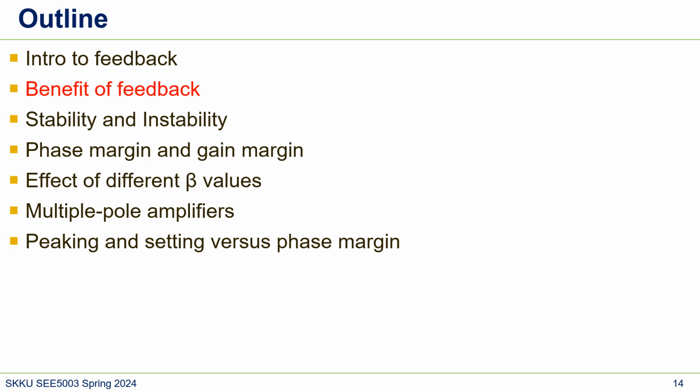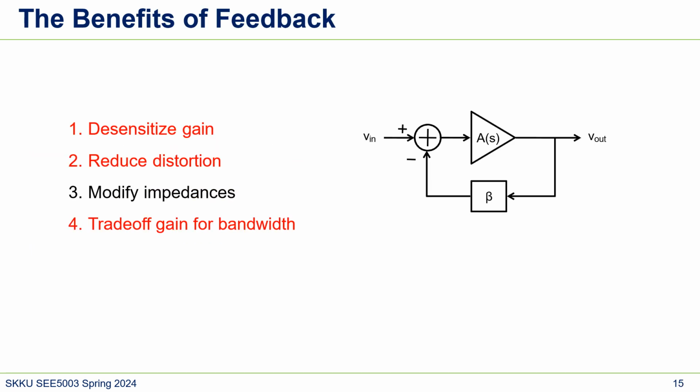And let's briefly cover the benefits of feedback in more detail. Here are some benefits of a feedback system: desensitize gain, reduce distortion, modify impedances, or trade off between gain and bandwidth. But in this lecture, we'll cover these three. Anyway, feedback is really important, really useful.